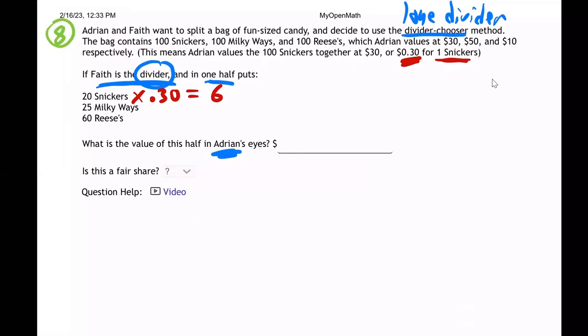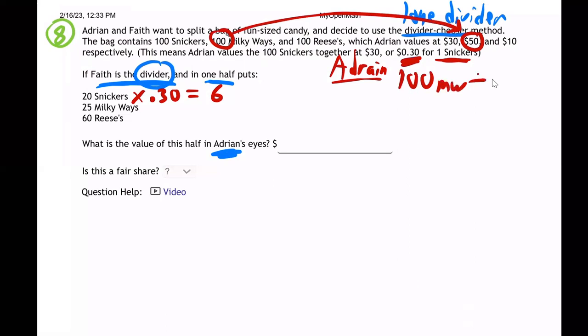Okay, next we've got to do the Milky Ways. This is Adrian again. For 100 Milky Ways, he thinks those are worth $50.